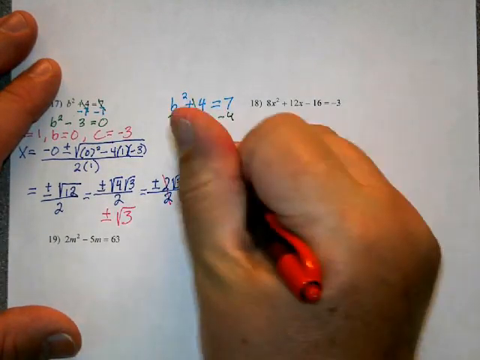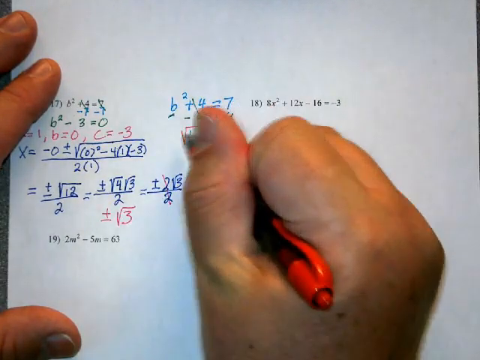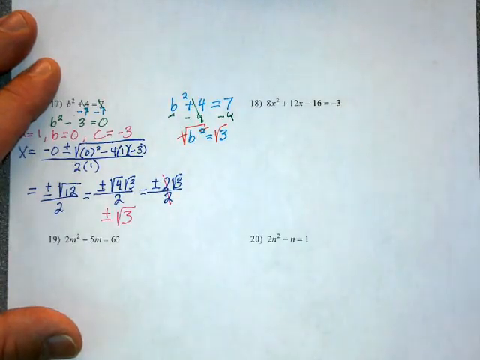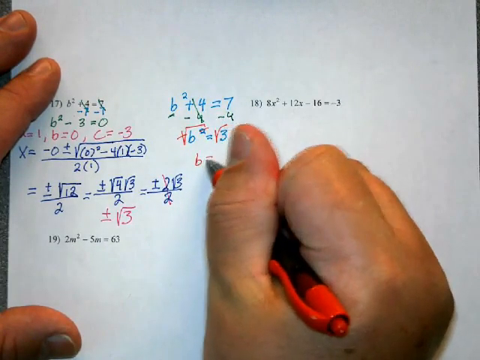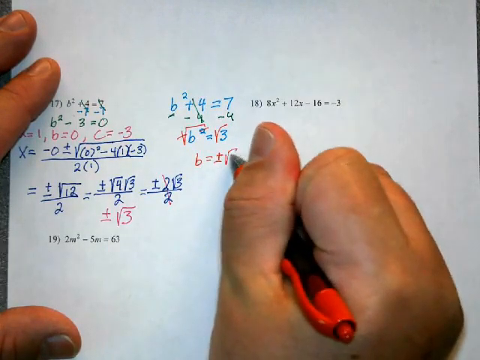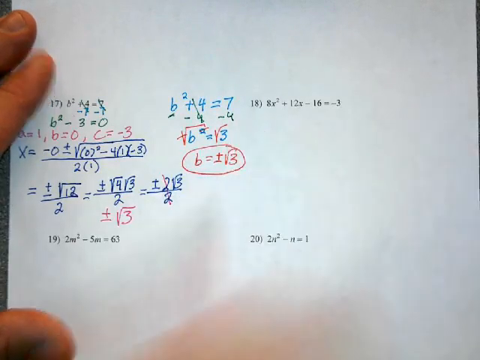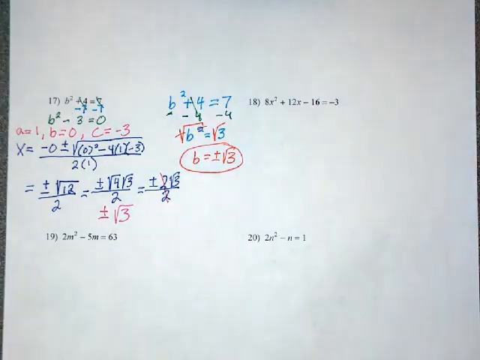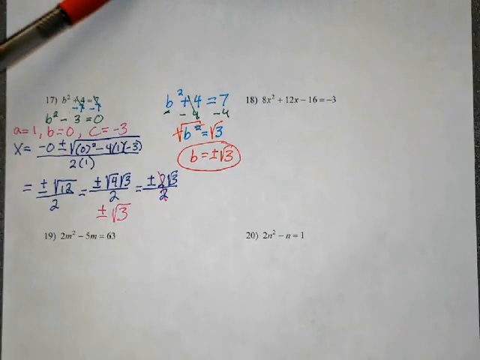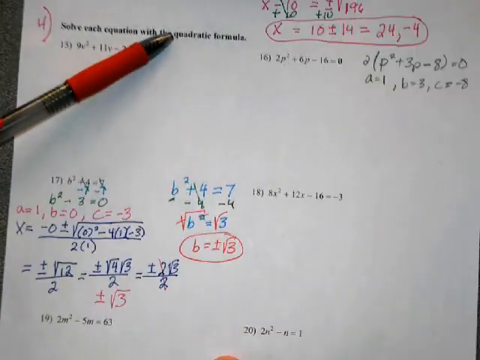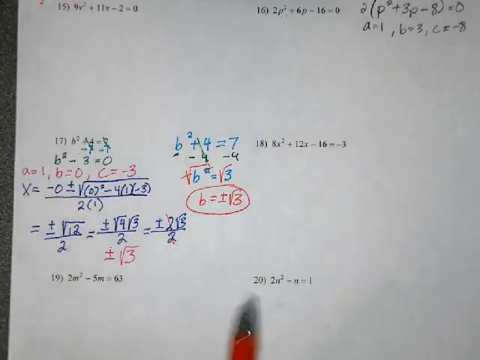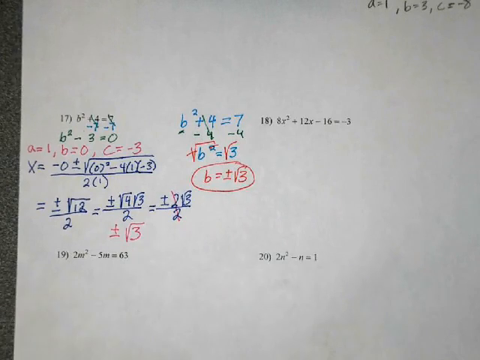And my answer? Plus or minus square root of 3. Which one's easier? The blue one. Yeah. So, I mean, unfortunately, in the instructions we must use the quadratic formula, but sure would have been a lot easier if we could have been able to use the square rooting.